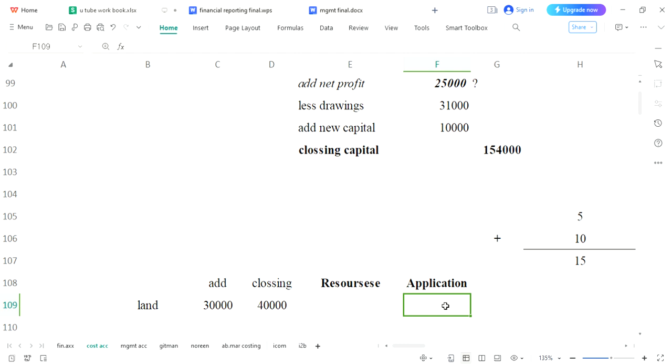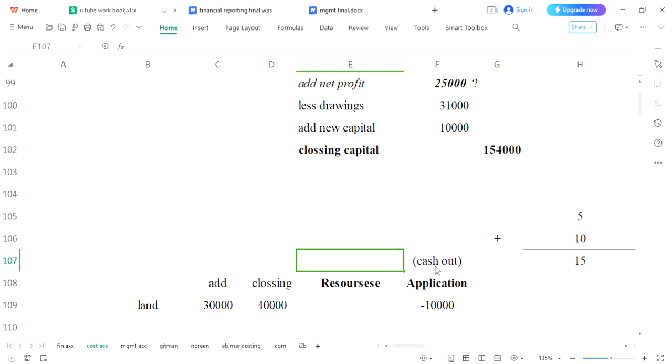And here we can see that this would be added and minus closing. Please understand. So we have a minus sign, that would be considered application. It means cash out or outflow should be written. Cash is going out.